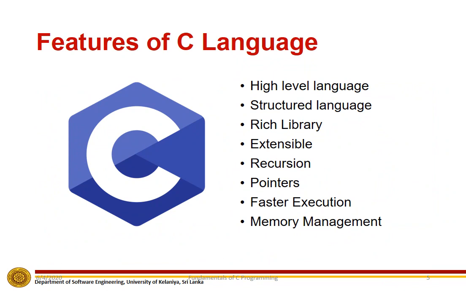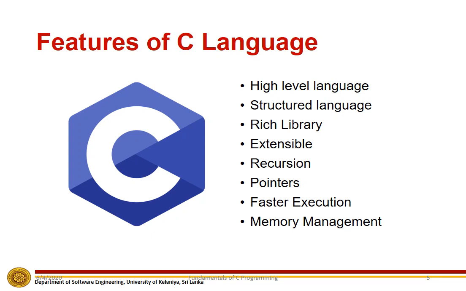Then we will see what the features of the C programming language are. The first feature is that it is a high-level programming language. If a programming language is considered a high-level language, it is written in English or user-readable language. We write programs in C like English, user-readable and easy to understand.